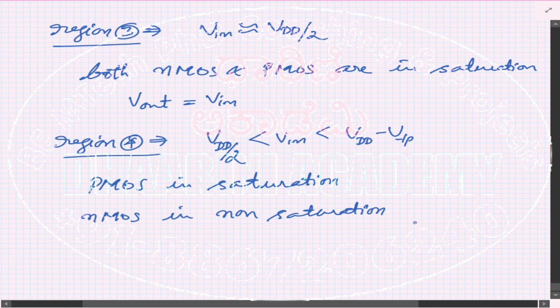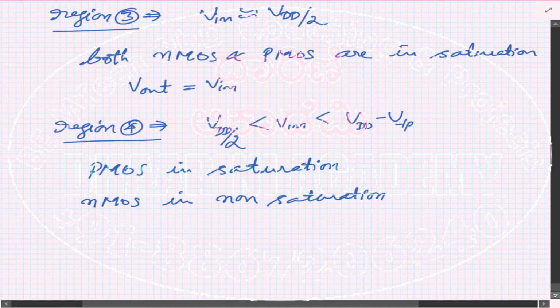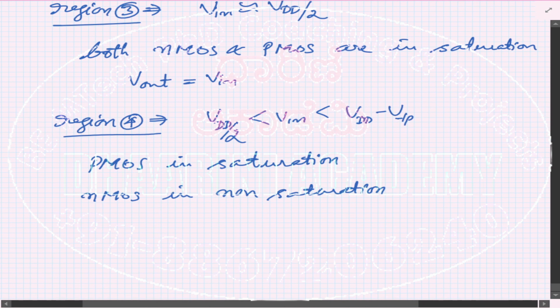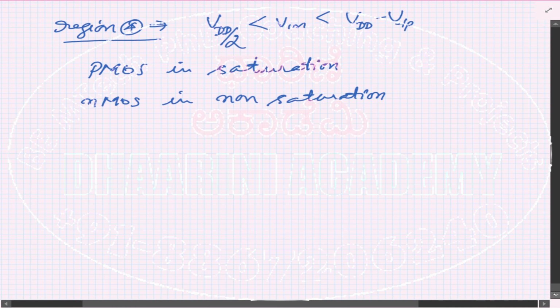Why is this said to be non-saturation? Because depending upon what type of MOSFET you are using, depletion or enhancement, the MOSFET can be either in linear or in cutoff. That's why it is simply said non-saturation, which includes both the other possible regions of operation.